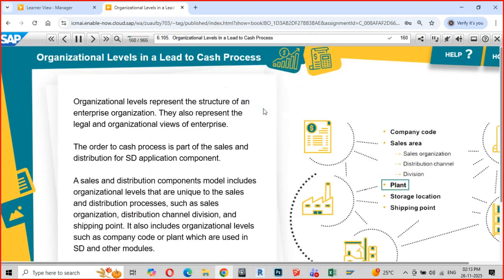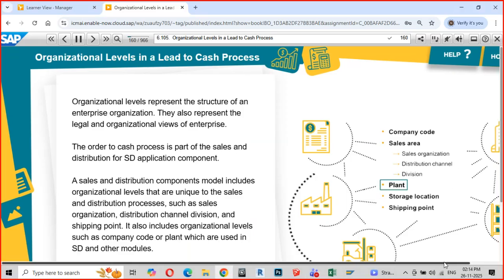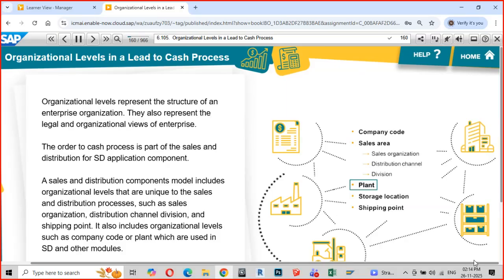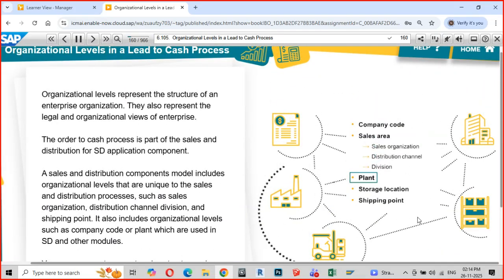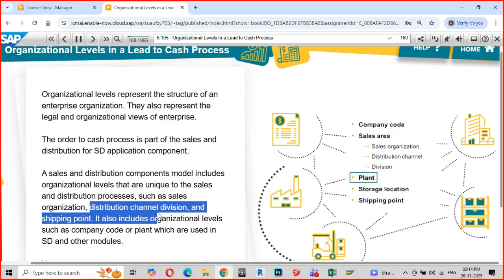The organizational structure typically followed in your O2C process: you have your client, your company code, your sales organization, storage location, shipping point, distribution channel, and division. The sales organization is similar to your company code.